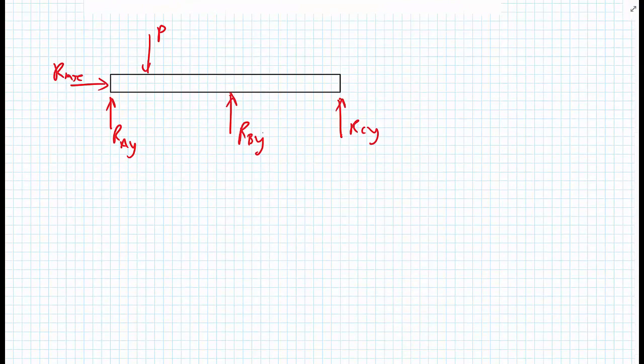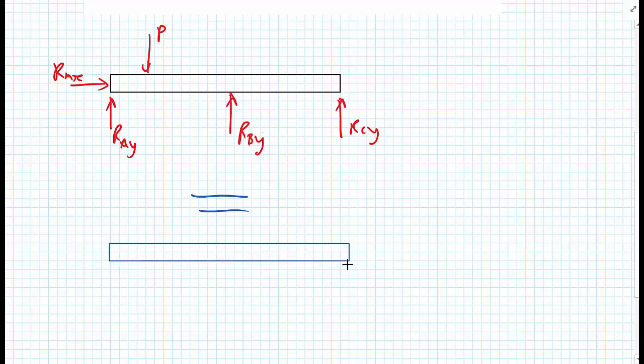We're saying that will be equivalent to 2 statically determinate structures.